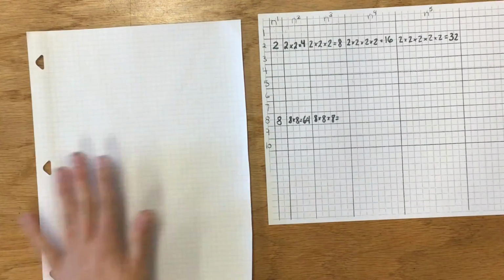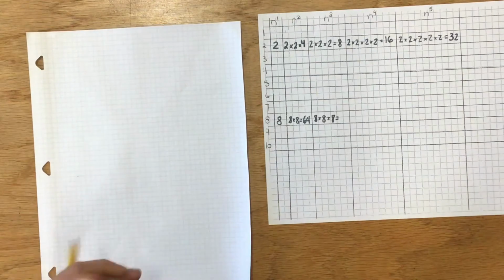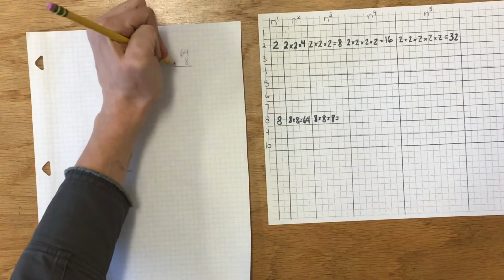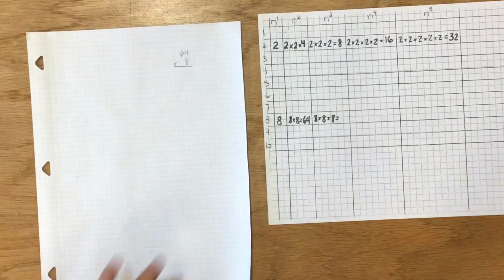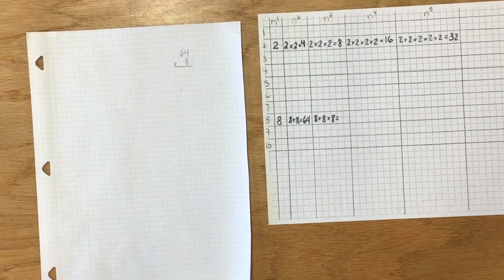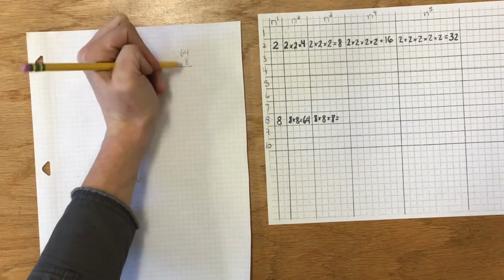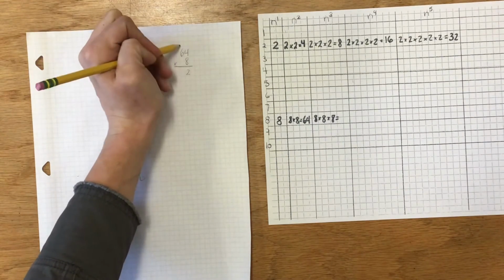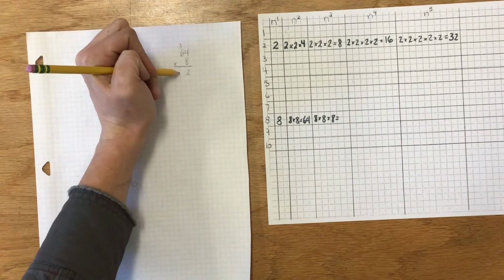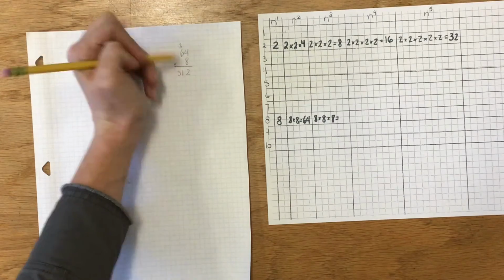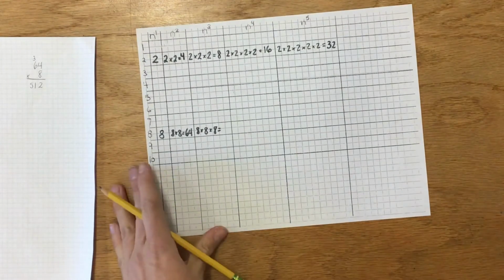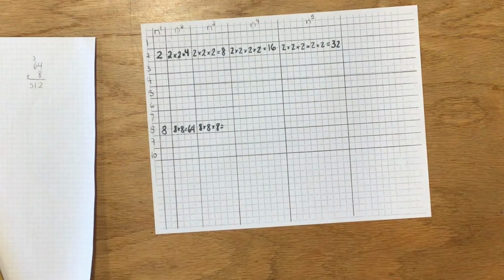So I'm going to have a sheet of paper next to me, and I'm going to write 64 times 8. And this sheet is going to be filled with math, probably by the time I'm done with this. 8 times 4 is 32. 8 times 6 is 48, plus 3 is 51. So 8 to the power of 3 is 512.